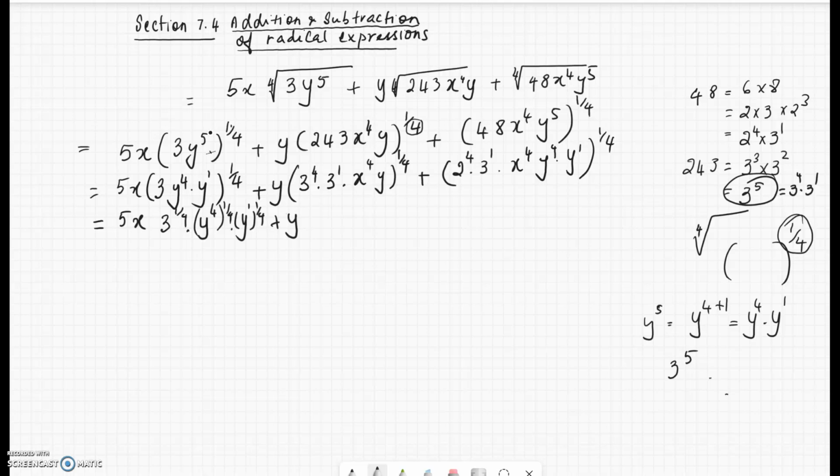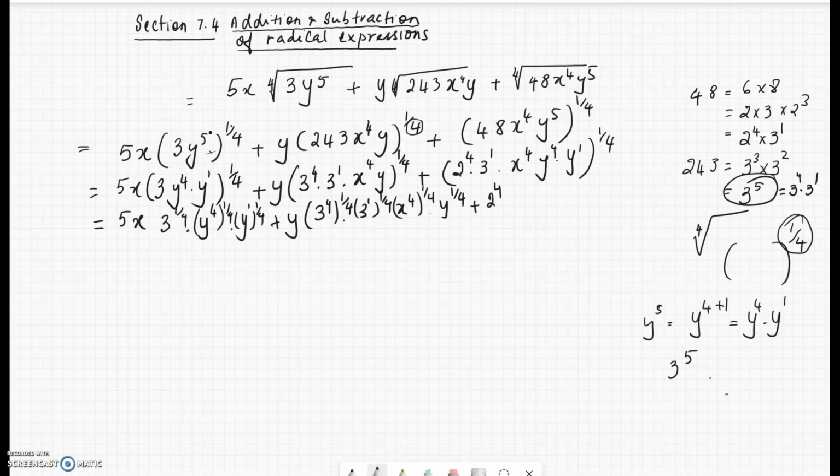So this is 3 to the 4th whole to the 1/4, 3 to the 1 whole to the 1/4, x to the 4th. Each one gets a 1/4 as an exponent, which will eventually be multiplied to the other exponent.